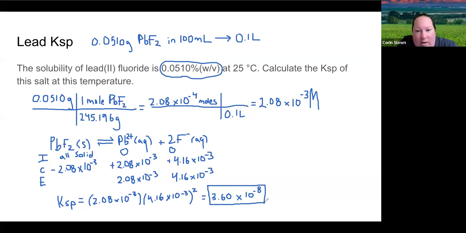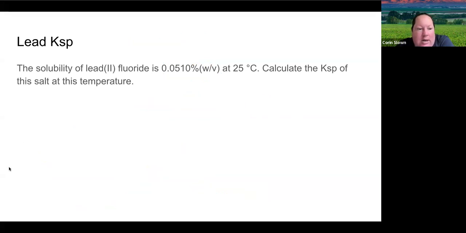If we wanted to figure out what that amount would be in grams, we could do so based on the molar mass of lead, but it's still a relatively small amount of lead that's soluble in water. Now, here's the question that we're going to ponder and do some sense making of together. Just because it can dissolve in water doesn't mean that that amount in water is actually safe for humans.